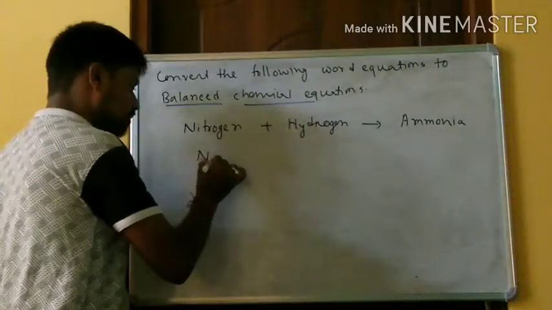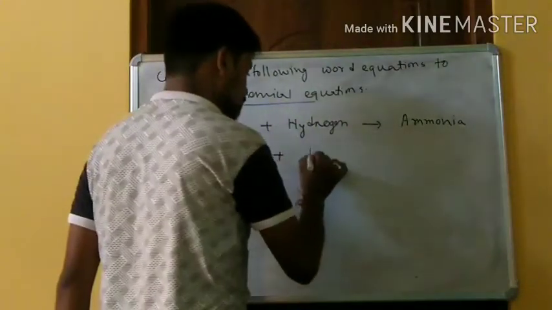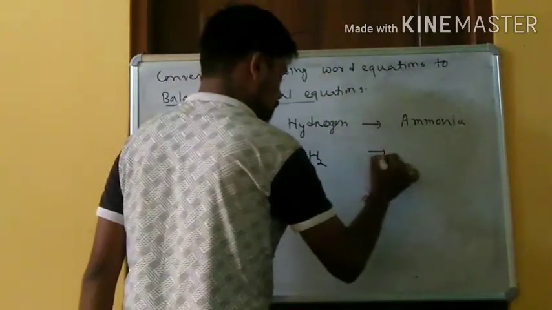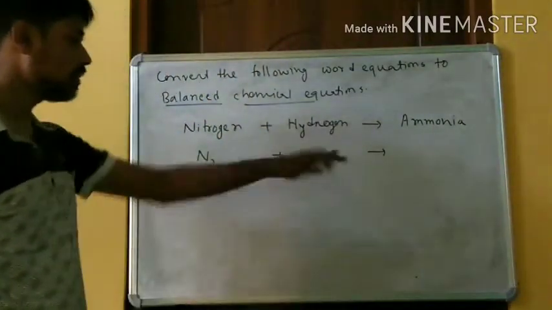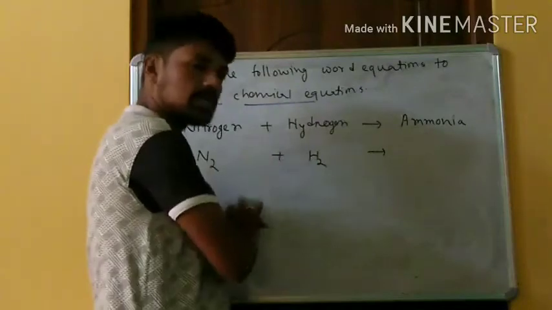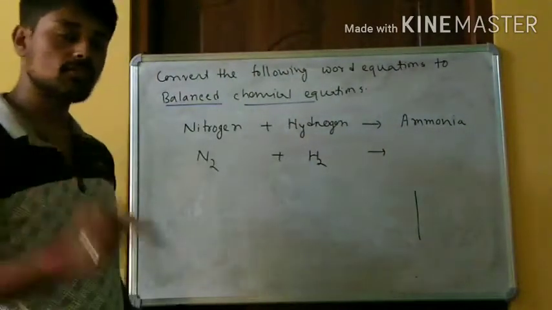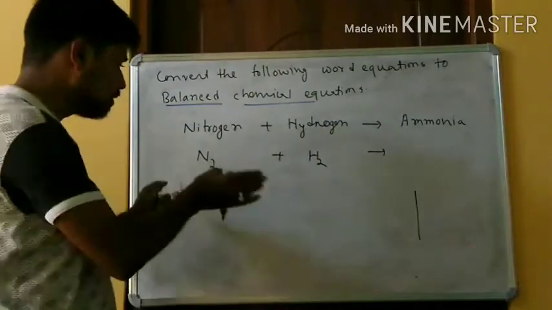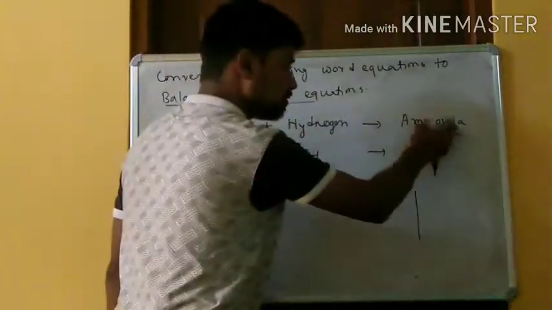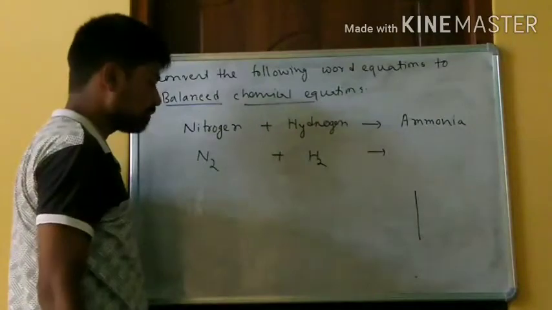The formula of nitrogen is N2, the formula of hydrogen is H2. This is the elemental formula. In ammonia, hydrogen and nitrogen are combined, so we have to use the ionic formula to identify the formula of ammonia.